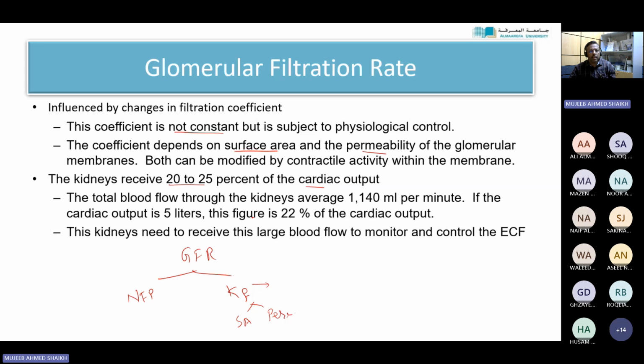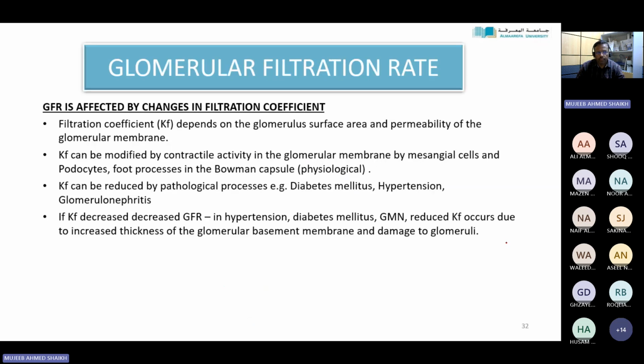That's why they receive an excessive amount, around 1,140 ml per minute, which is around 22% of the cardiac output, and they are monitoring the ECF volume. If the extracellular fluid volume is decreased, they will hold the water in and not allow the water to go out. That's why they are controlling the osmolarity also.